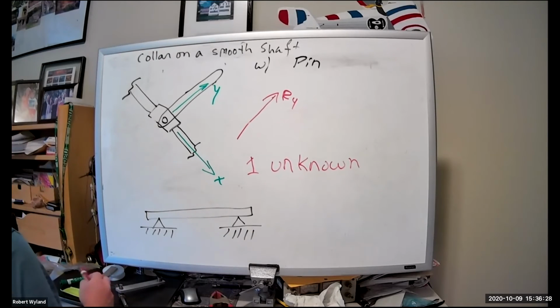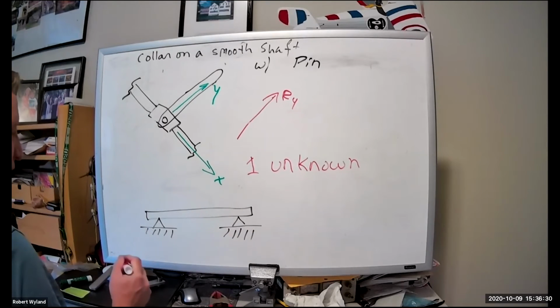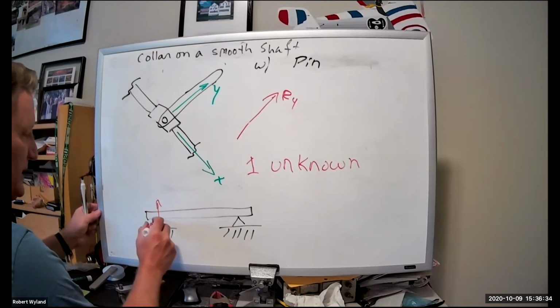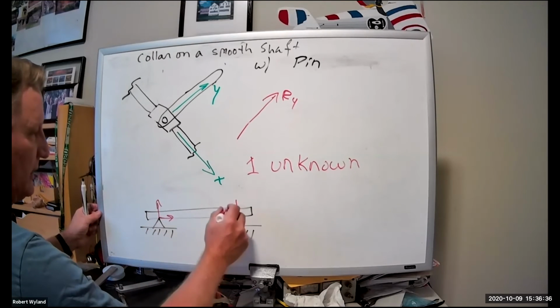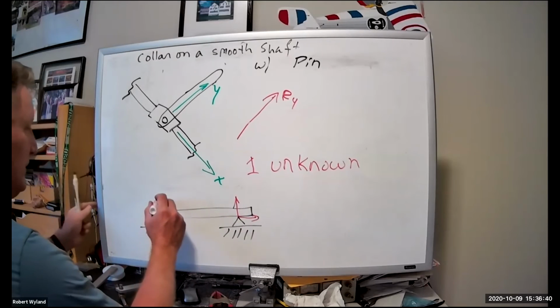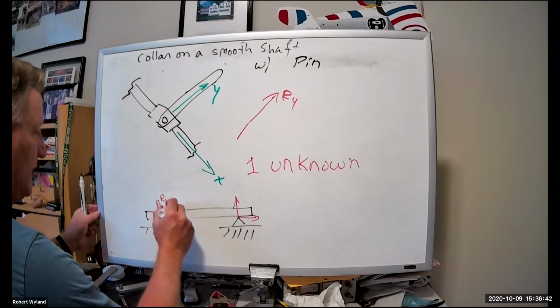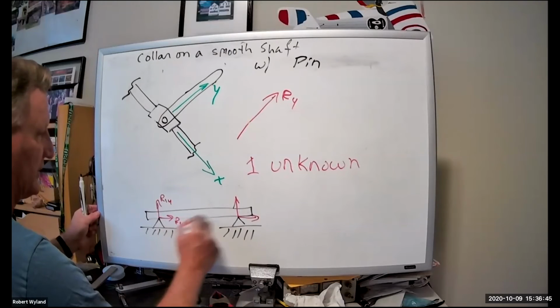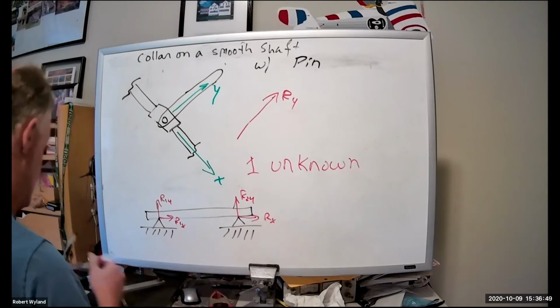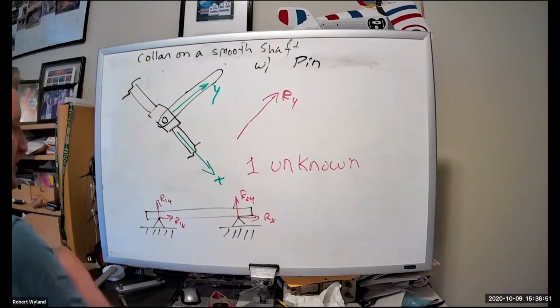Can you see that? Yep. And we said that there were no moments in pins, so we would get a reaction this way, this way, this way, and this way. That would be R1Y, R1X, R2Y, R2X.